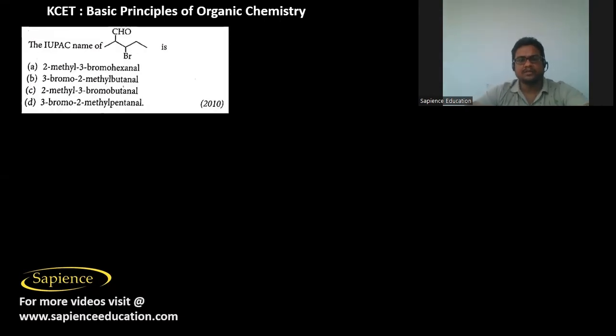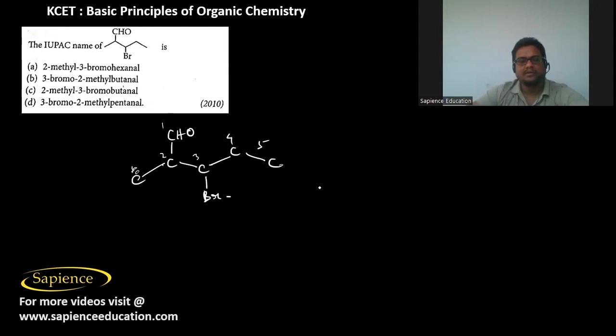Then we have to find the IUPAC name of this compound. Here we have the CHO group, we have carbon, here we have carbon, and here Br. So here we should use this aldehyde group since it is a chain terminating group. So it is 1 2 3 4 5, a 5 carbon chain.